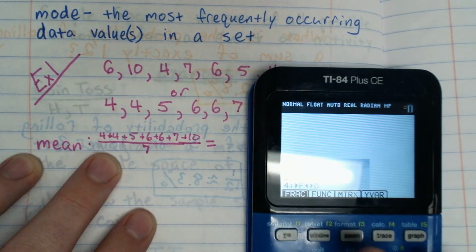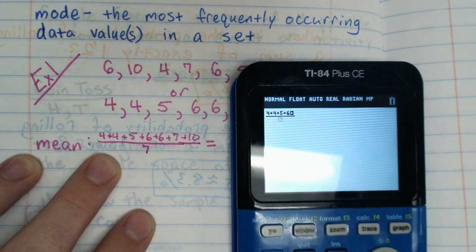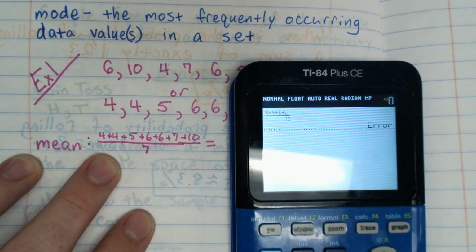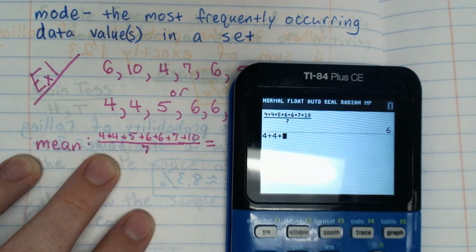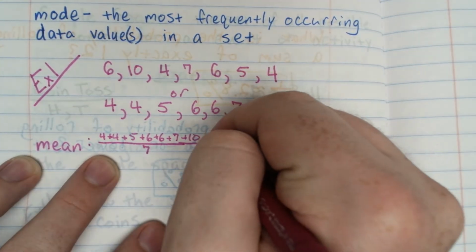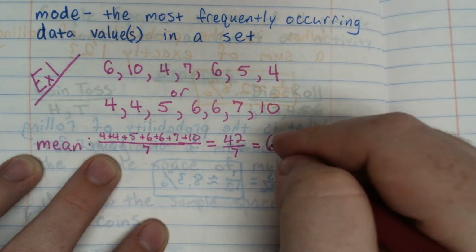All divided by 7. And that actually has a mean of 6. So 4 plus 4 plus 5 plus 6 plus 6 plus 7 plus 10, that's 42. So we get 42 over 7, which is 6.